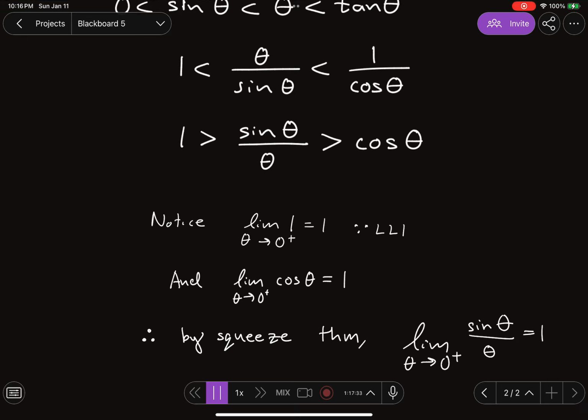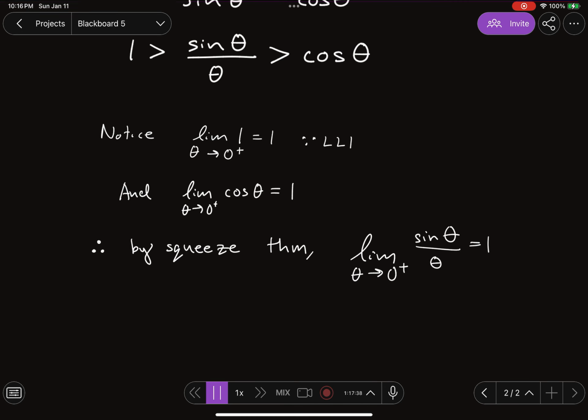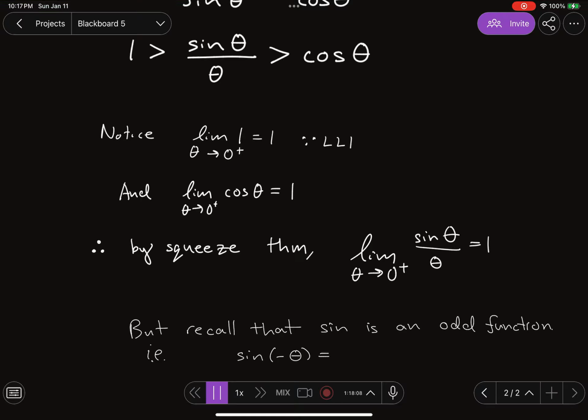But I think we're about to make an argument that it also approaches 1 from the left, so let's do that. So notice, or recall, that sine is an odd function. In other words, what that simply means is that the sine of negative theta is simply equal to negative sine of theta.